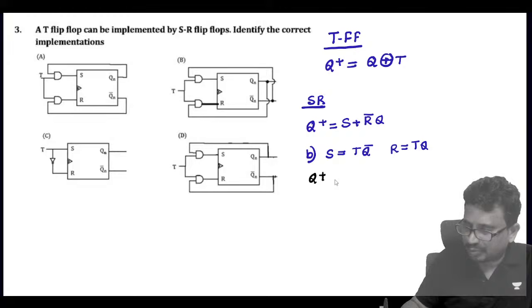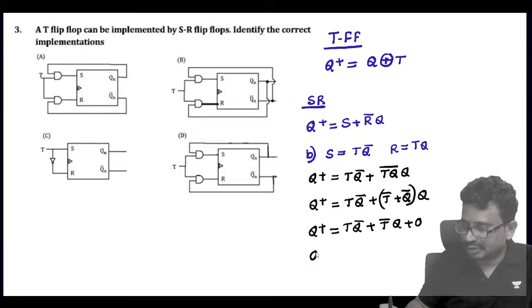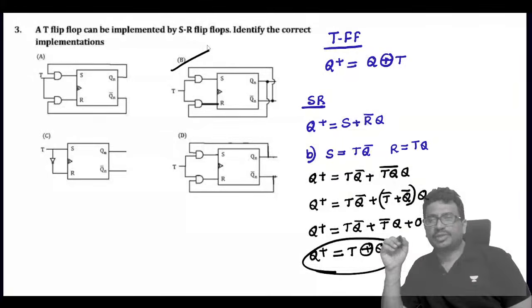Then Q plus will come as T Q bar plus T Q whole bar into Q. So Q plus is equal to T Q bar plus T bar plus Q bar into Q. Then Q plus is equal to T Q bar plus T bar Q, the other term is 0. So Q plus is T XOR Q. This is satisfying, so option B. Here only verification we need to do for this type of problem.